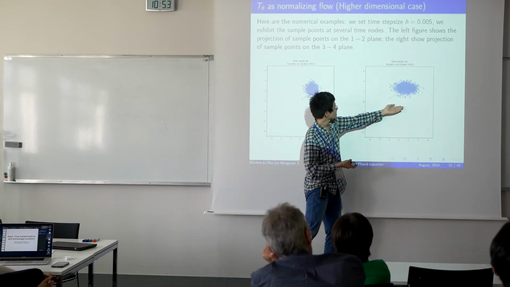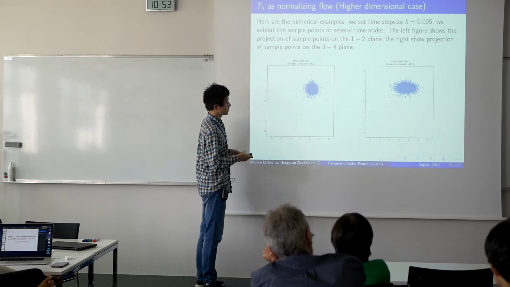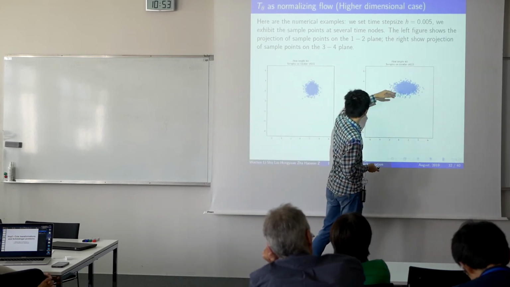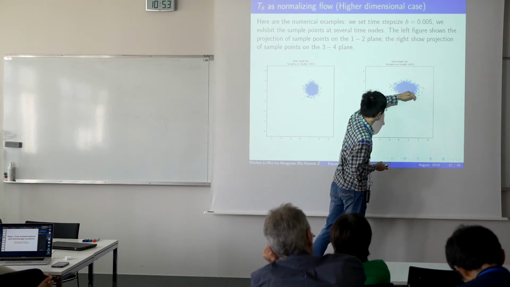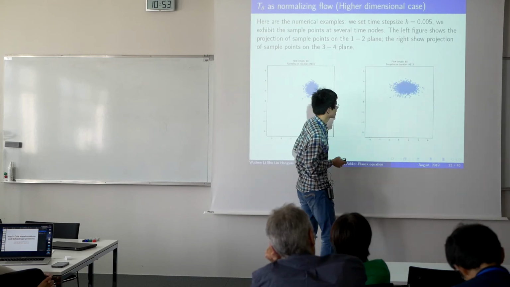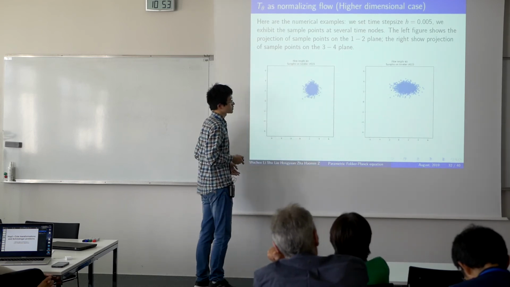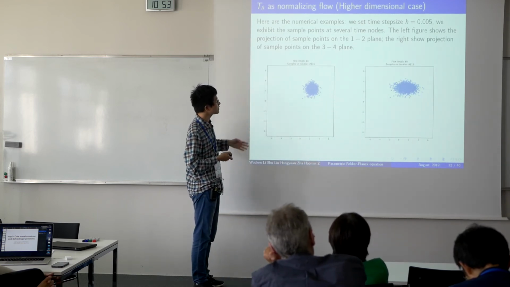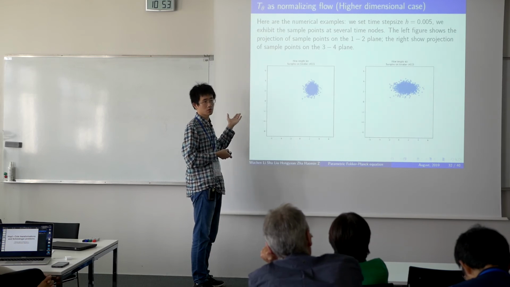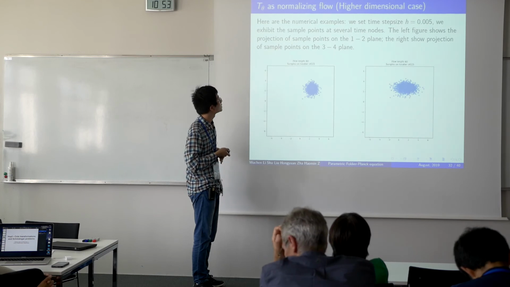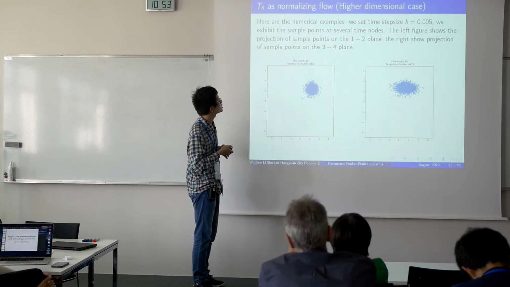On the right-hand side, the distribution hasn't converged, but it's almost there. Finally, it will converge to a Gaussian distribution centered at 3, and it has a non-isotropic shape. This actually agrees with the explicit solution of this equation.